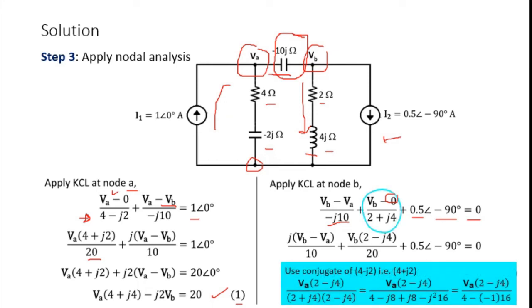We apply the conjugate top and bottom. In this case, because we have 2 plus j4, we have to apply top and bottom with 2 minus j4. We expand the multiplications, and finally we get VB open bracket 2 minus j4 close bracket over 4 minus j squared times 16, so you will get 20, same as previous.